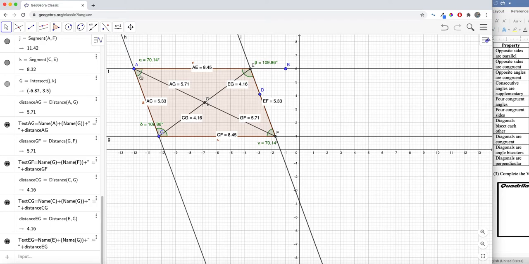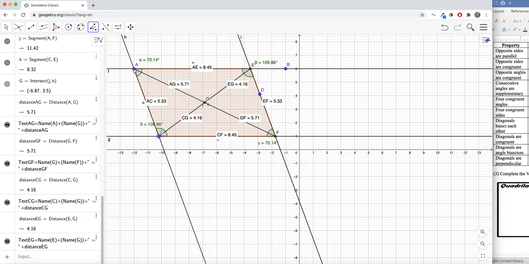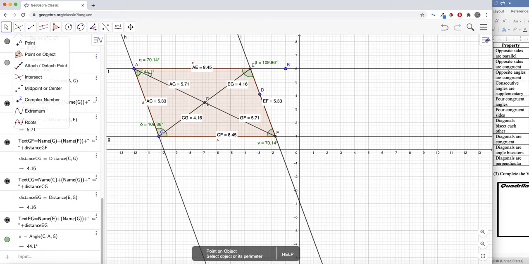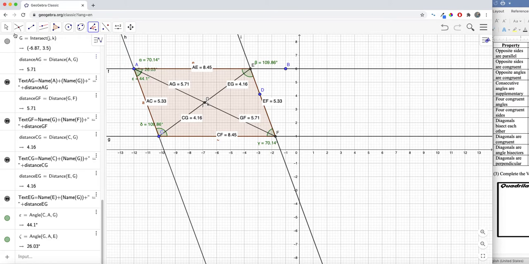I'm just going to test one pair of angles because you're going to see that they're not bisected. If I do this, it's going to tell me the smaller angle right there, and then if I measure the other part of that angle, we see that those are not bisected.